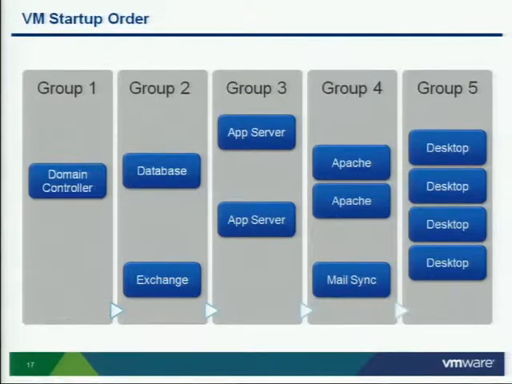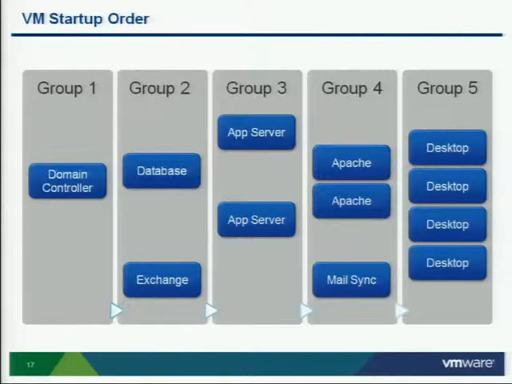In the current version, we do let you set the order the VMs are going to start. But when you have thousands, just setting a linear order isn't quite enough. So we have groups, which is similar to today, and the groups give you a quick way to make sure the infrastructure VMs, like your database or your Exchange servers, are up before other VMs that may require them, like the app servers in your data center.